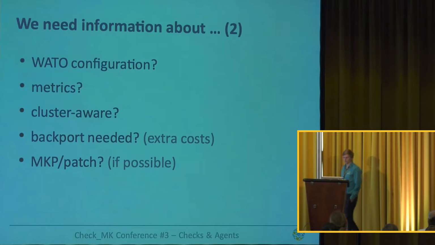So that means if there are sets of data from different nodes, can they handle that? And then the last two points I already mentioned: the development for the master branch, and also if a backport is needed or not. Usually that can be done within the MKP. If not, then we can also put in a patch.